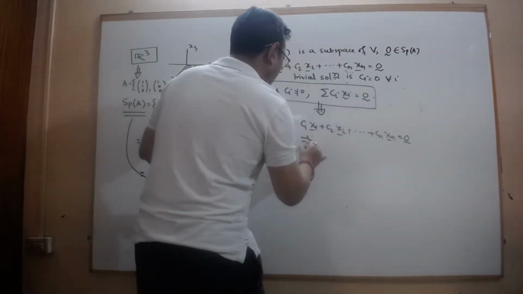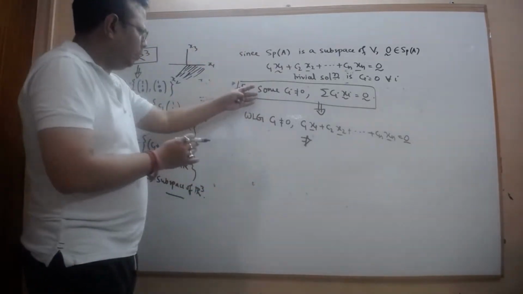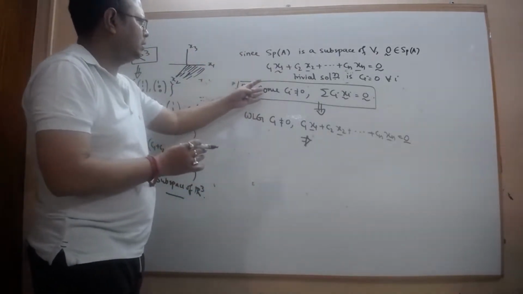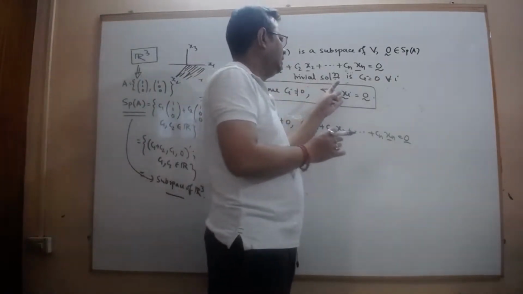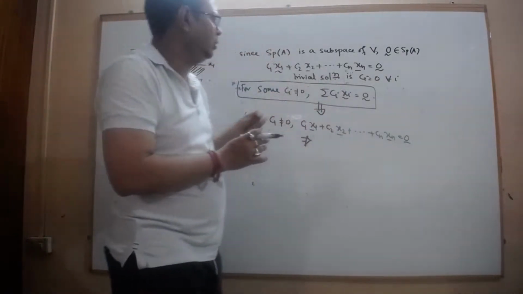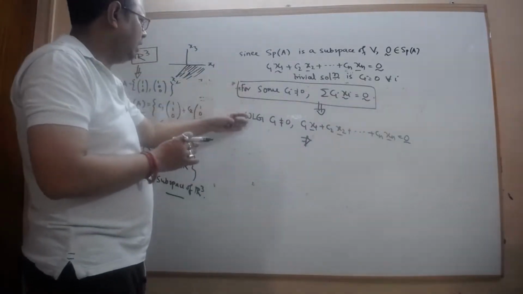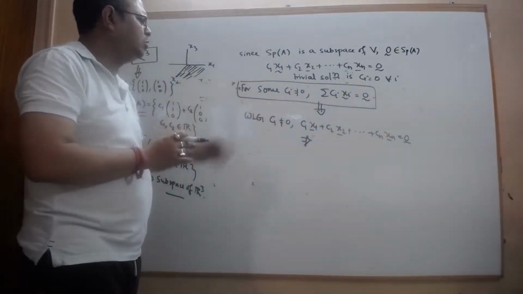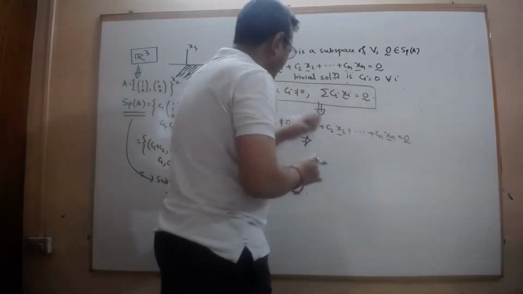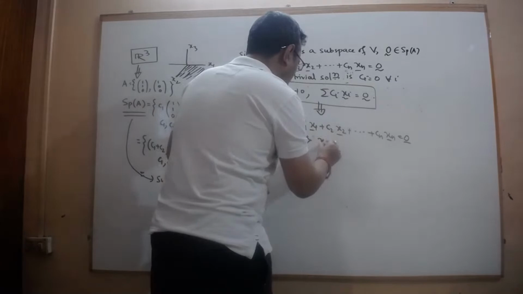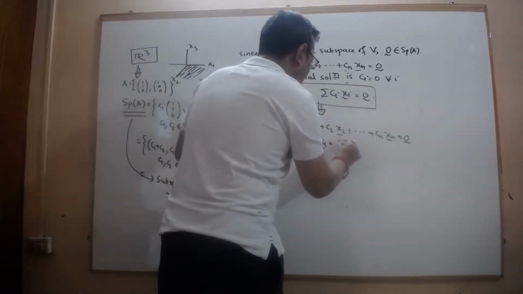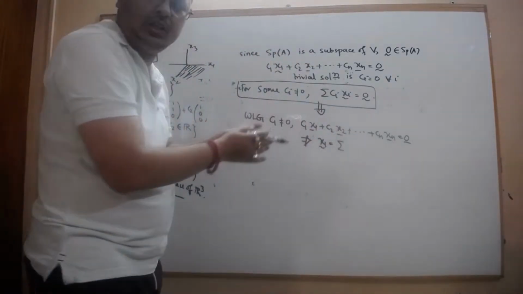Since C1 is not equal to 0, we can assume that, because if this happens for some Ci not equal to 0 such that summation Ci xi curl equal to 0 curl, then without loss of generality we can assume C1 not equal to 0. In that case we can write x1 curl as a linear combination of other vectors, that is x2 to xn curl.